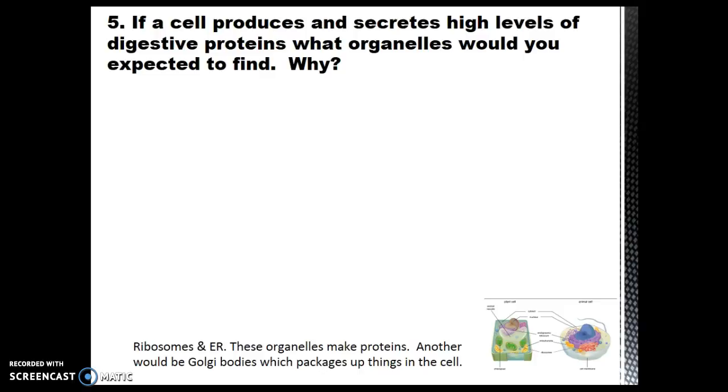Another one that I could potentially see is the Golgi body, because its job is to package up and deliver things throughout the cell. Once the ribosomes and ER do their job by making those proteins, the Golgi body is able to package up and send out those proteins to where they need to be.